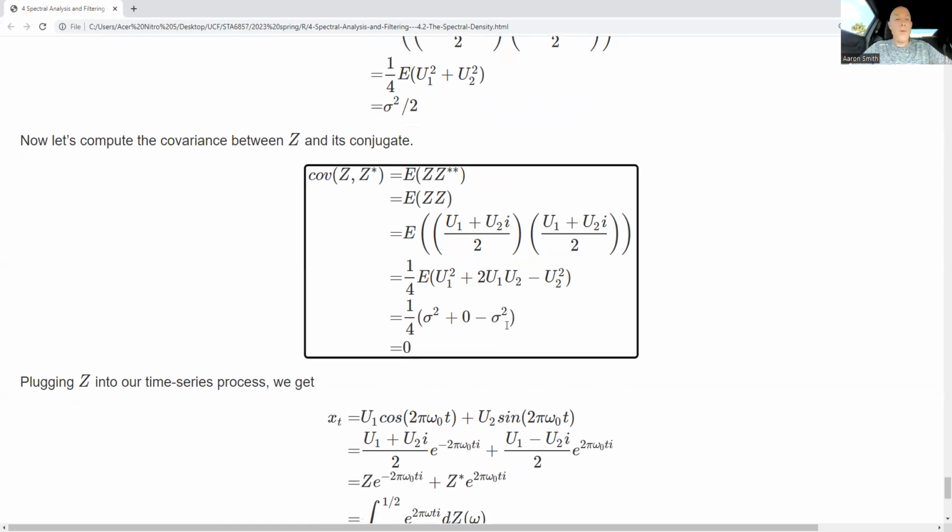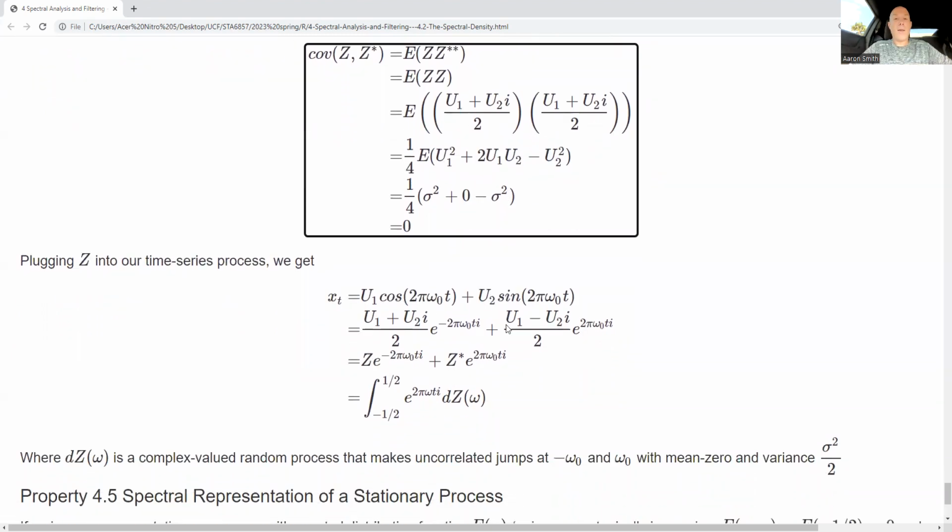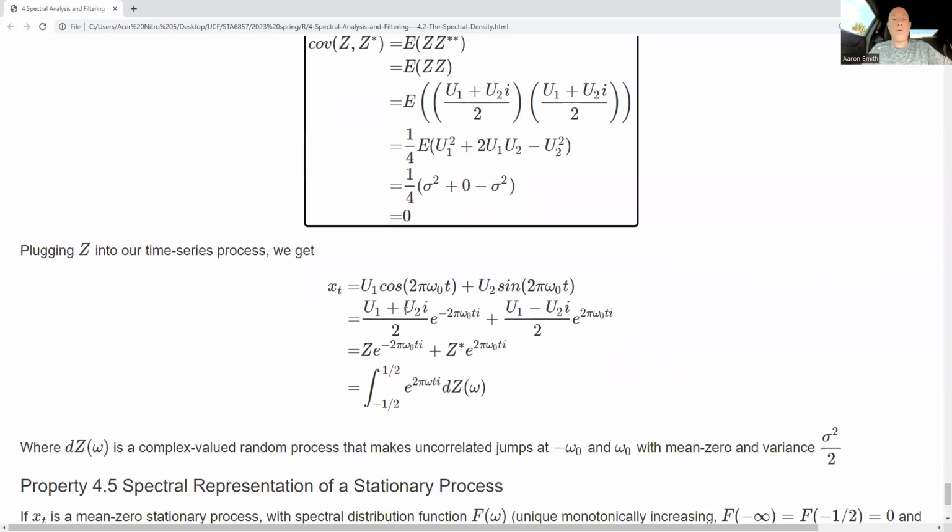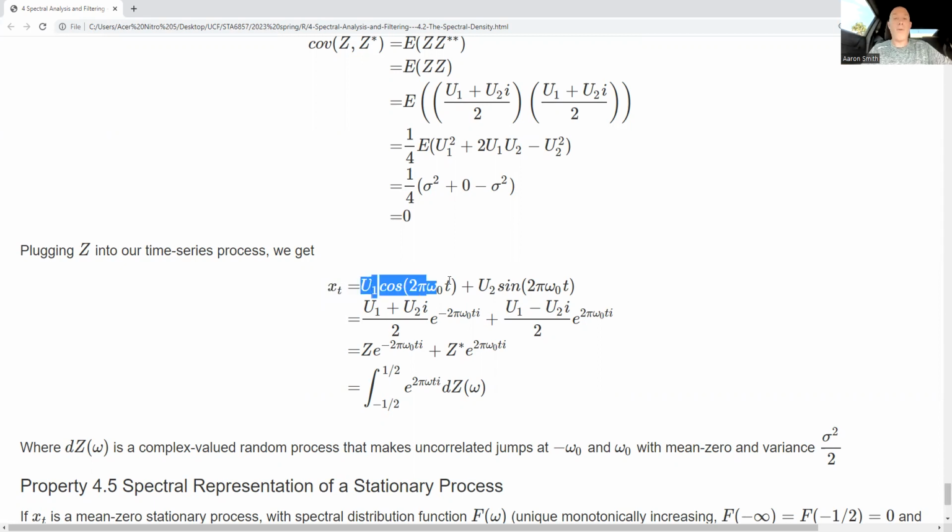All right, so now let's go ahead and do a replacement. So I'm going back to the original process. Here's my original process. Here it's represented using e's initially, replacing sine and cosine. Now I replace the coefficients with Z, and I look at this and I go, hey, that looks like a formula I learned in complex numbers.